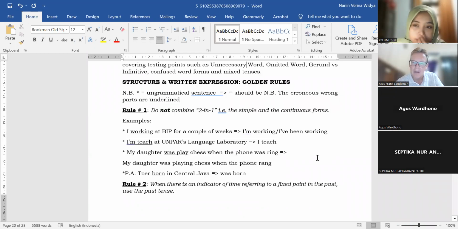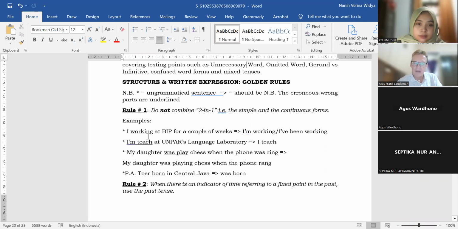So here at the top, when you see an arrow to the right, panah ke kanan, this means it should be. Seharusnya gini, and you get the correct version. The wrong parts in arrow identification are usually underlined, yeah, di garis bawahi. So you don't have to look at every word in the sentence, but just the 4 underlined parts. Here in the examples, it's just one mistake to make it simple.